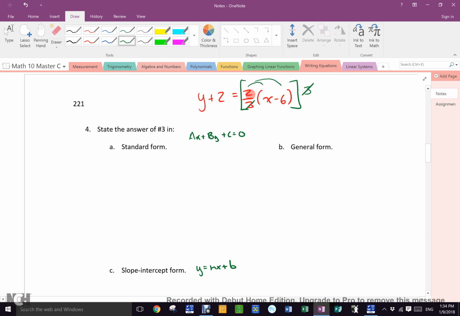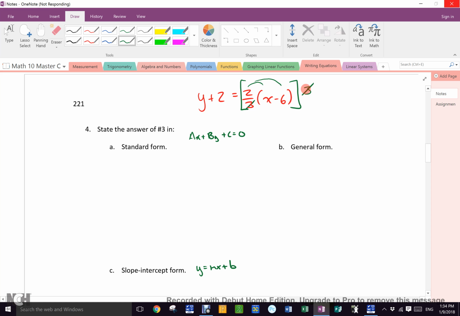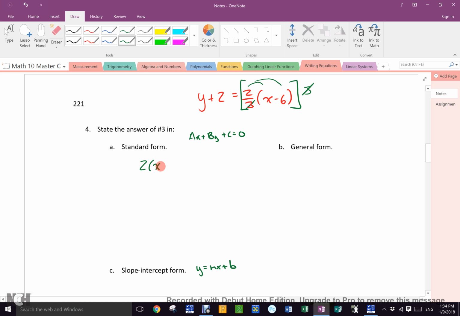Now here's a mistake that you're going to make. Some of you don't recognize that the only thing that disappears here is the 3. I still have the 2 and the brackets. And some of you are going to forget to multiply both sides by 3.